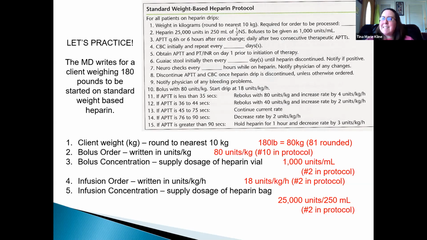That's how I get my desired, or what I desire to give, okay? So really the only extra 2 steps are converting the weight and calculating out what the desired is if you're doing the formula desired over have times quantity, because it's based on your patient's weight. It's not going to be the same for a 90-pound patient versus a 240-pound patient.